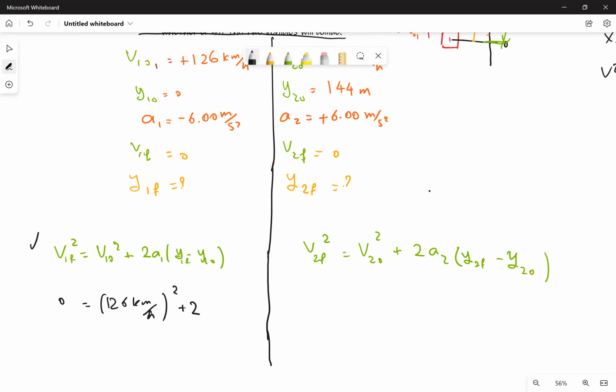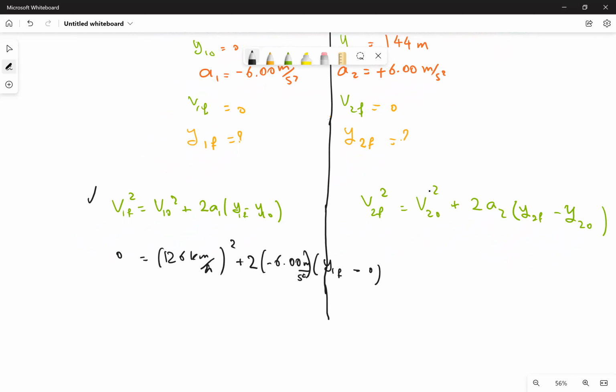Plus 2 times a1, which is negative 6.00 meters per second squared, times y1f, which I don't know, minus y10, which is equal to 0.